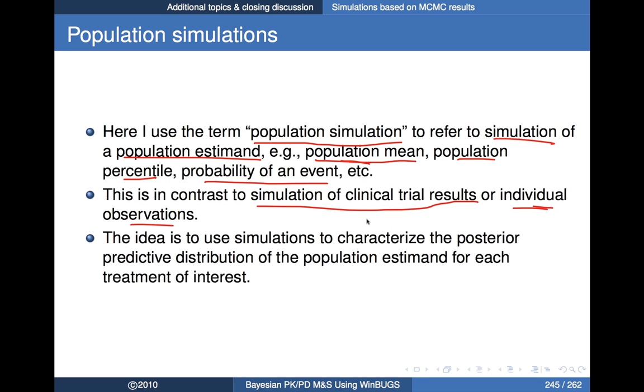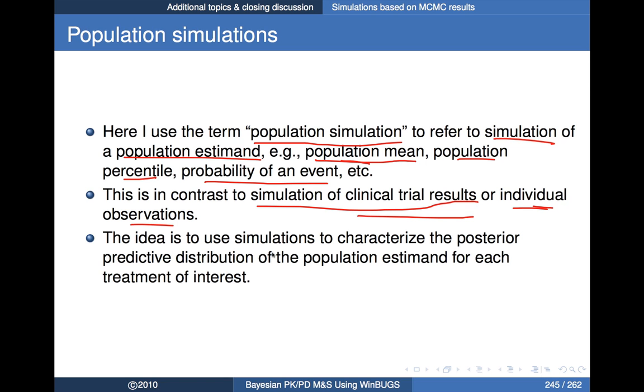We might also be interested in a posterior predictive distribution for some clinical trial outcome, like maybe a treatment mean from a clinical trial simulation. And again, what I'm talking about by a population simulation is related to both, but it's not the same as either. And I'll try and contrast that as we go.